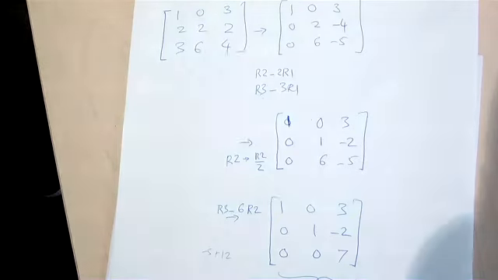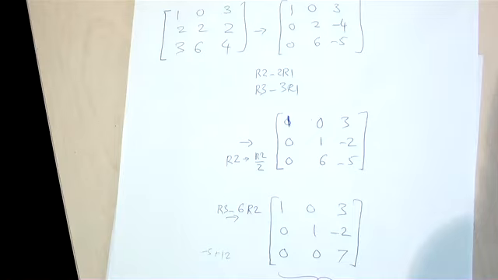If you go back to the previous slide, you see this one is your original matrix, 1, 0, 3, 2, 2, 2, 3, 6, 4. And this one is your upper triangular matrix: 1, 0, 3, then 0, 2, minus 4, or just 1, minus 2.